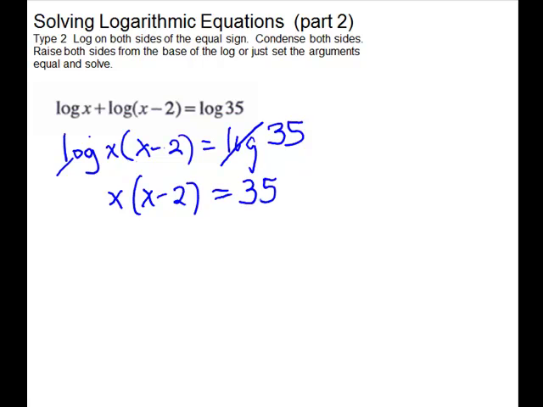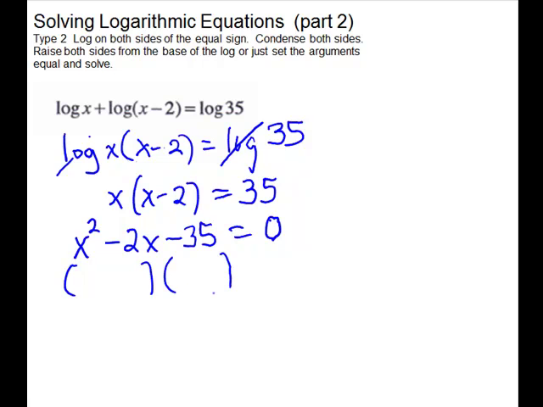This one gives us a quadratic equation. Go ahead and multiply out on the left-hand side, and then you're going to subtract your 35 to get a 0. So we have x squared minus 2x, subtract the 35, equals 0. Factor on the left-hand side. It's a trinomial, different signs.